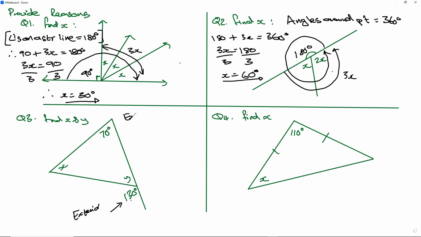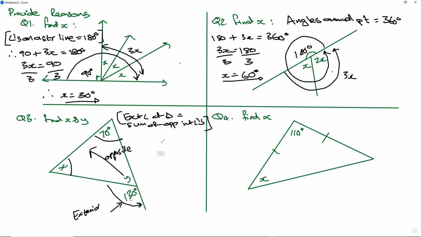Now, the exterior angle of a triangle is equal to the sum of opposite interior angles, which means that the exterior angle 130 is equal to x plus 70. Opposite, can you see that? So x plus 70 equals 130. So x has to be 60 degrees.